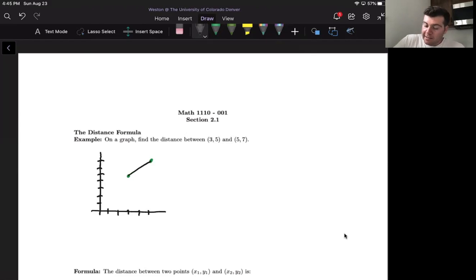The trick is actually going to be derived from drawing a triangle. So we can dot in a triangle. And this is not just a regular triangle, it's actually a right triangle.